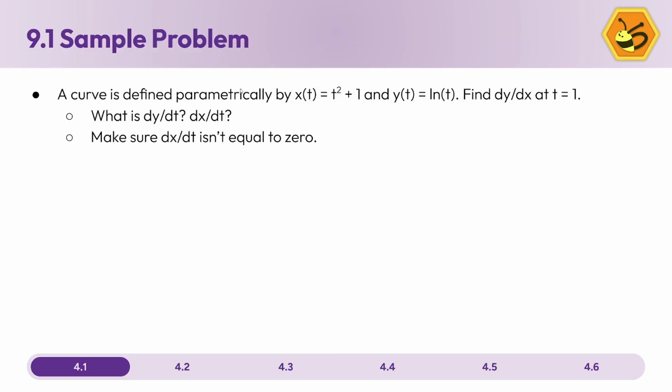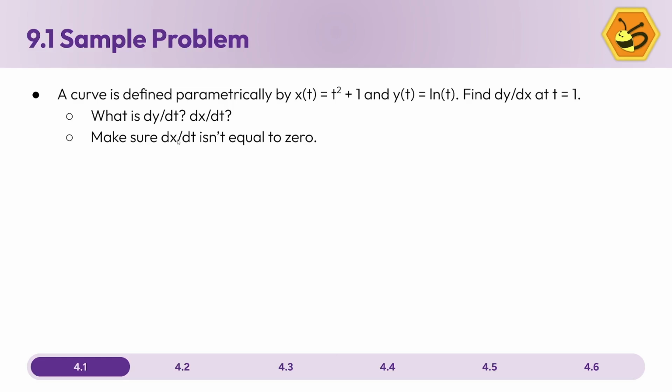Okay, so now we have a sample problem for parametrics. Our x is defined by t squared plus 1, and our y is in terms of natural log of t. So let's all try to find dy dx at t equals 1. And then again, some hints. First, let's find the derivatives in terms of dt.